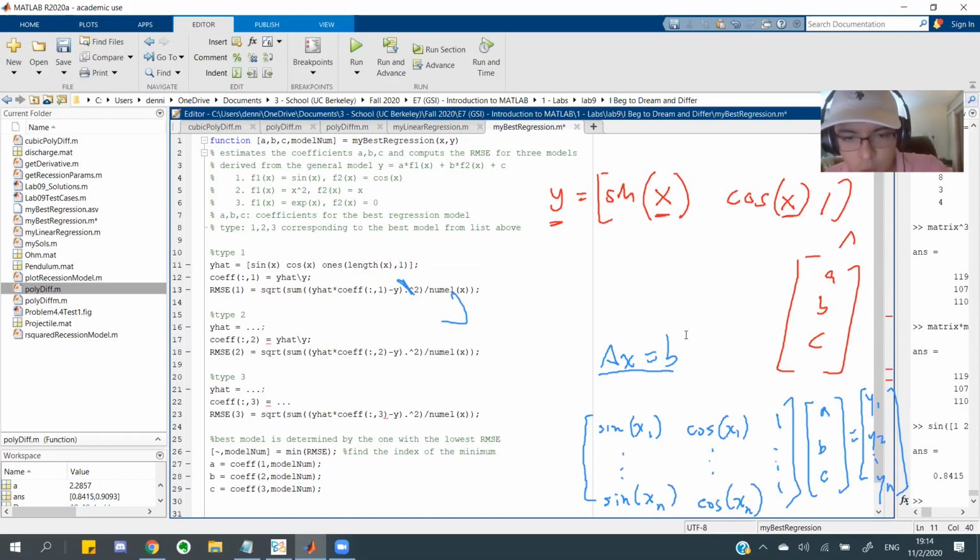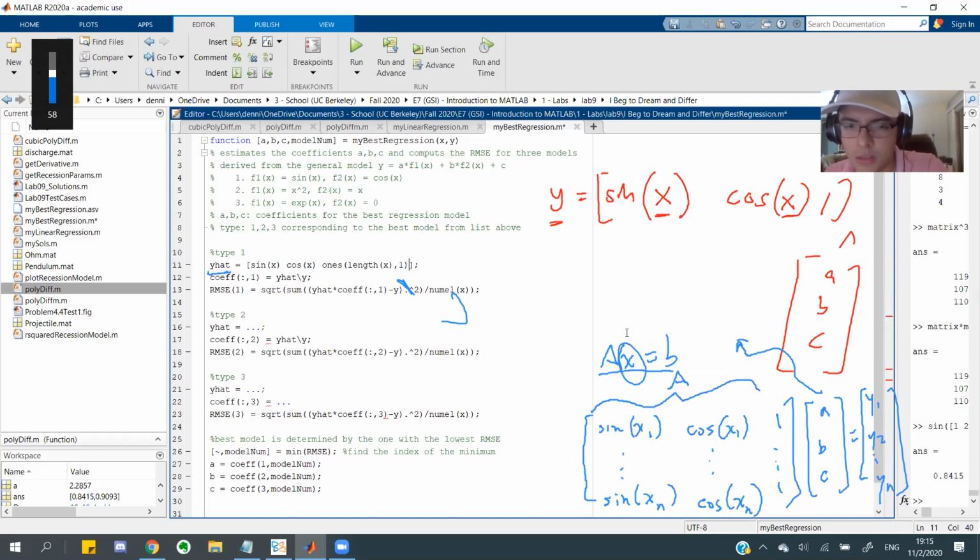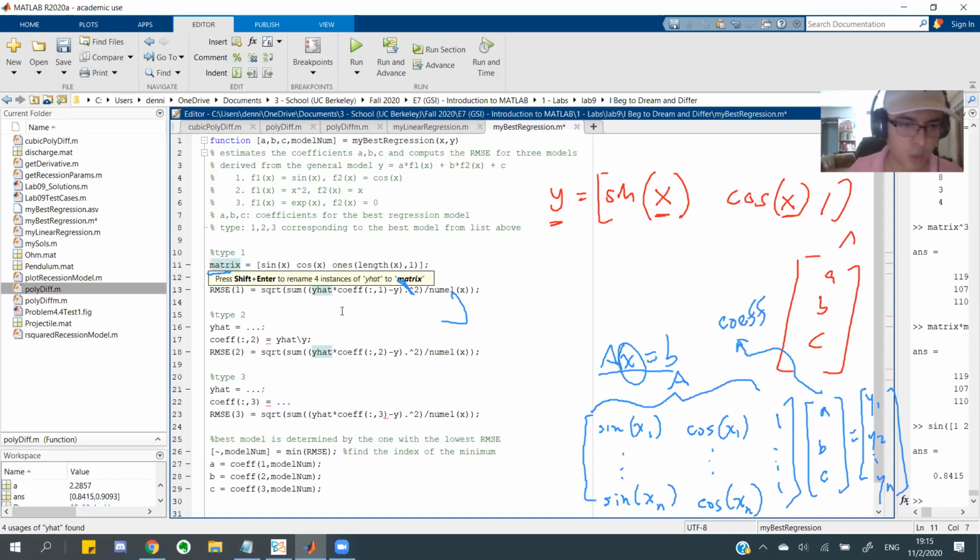So here, rather than calling this guy y hat, I would build this matrix and call it A, and this vector plays the role of the vector x in here, but I would rather call it something else, like coef, for coefficients, because we can name the variables however we want.